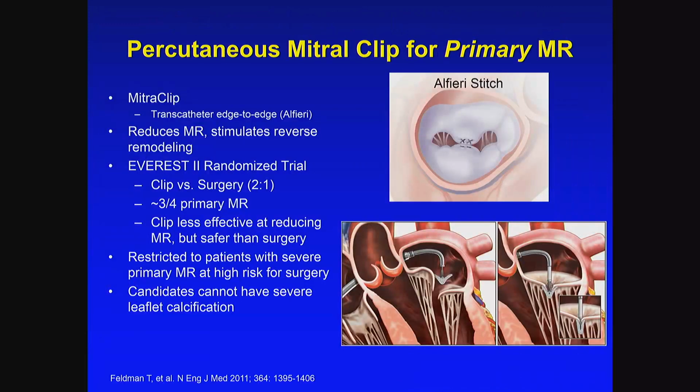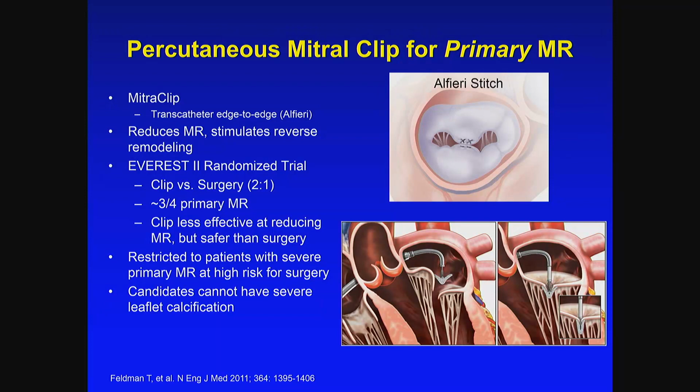Now, I've talked exclusively about surgical options for primary mitral valve disease, but there are an increasingly large number of percutaneous devices in development in both early and late stage clinical trials for the treatment of mitral valve disease.